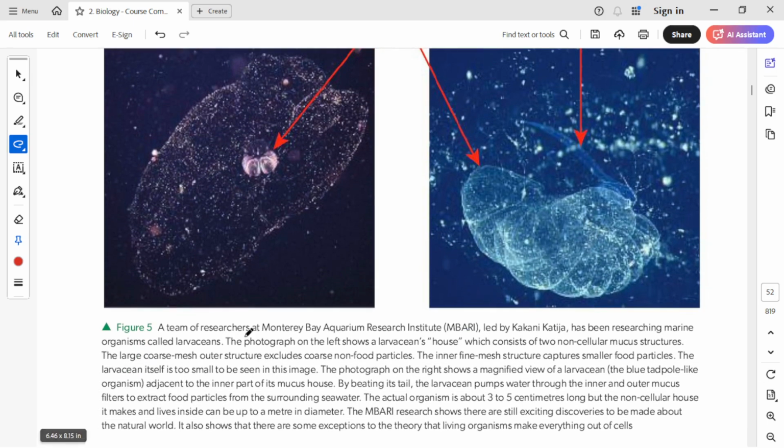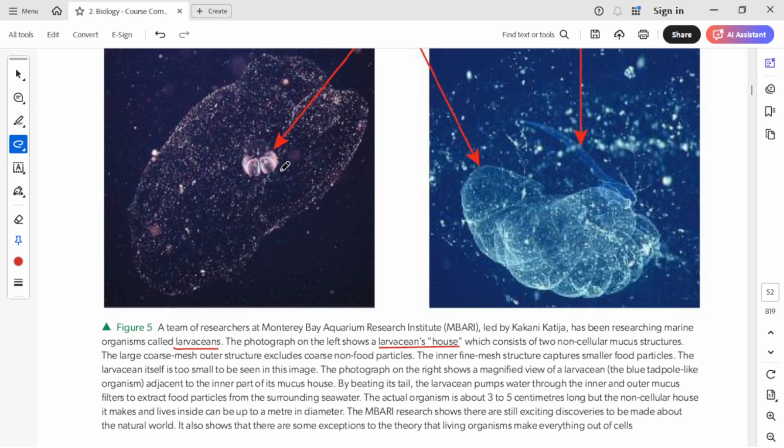Now, a team of researchers at the Monterey Bay Aquarium Research Institute led research on marine organisms called larvaceans. This picture shows exactly the larvacean house, which also consists of two non-cellular mucous structures. This is one and this is another one. We can see both of them clearly here.